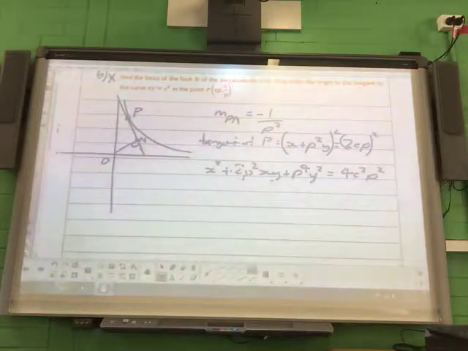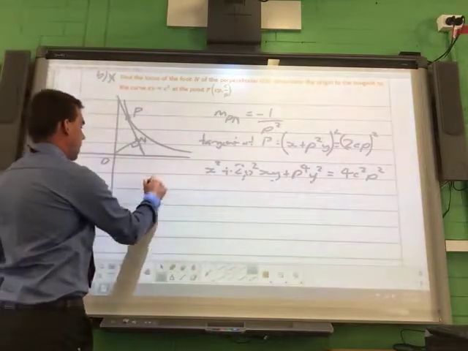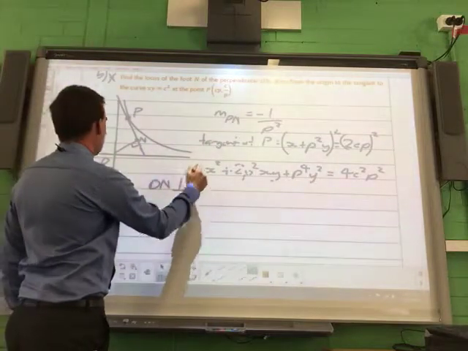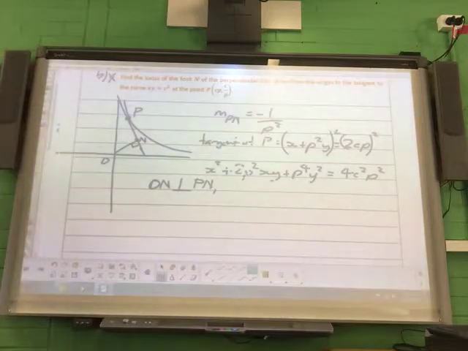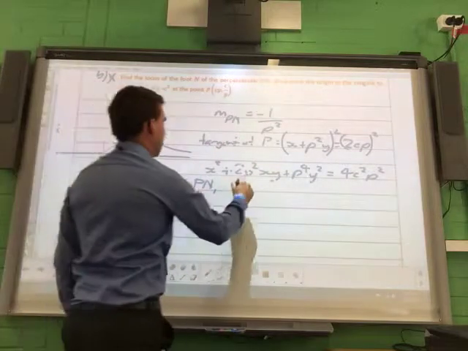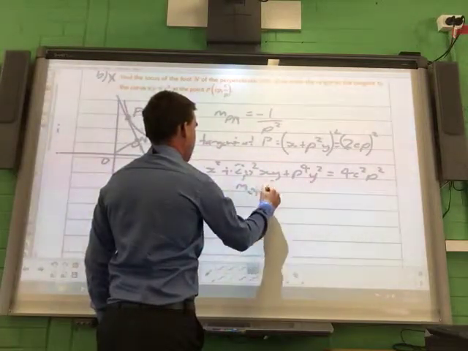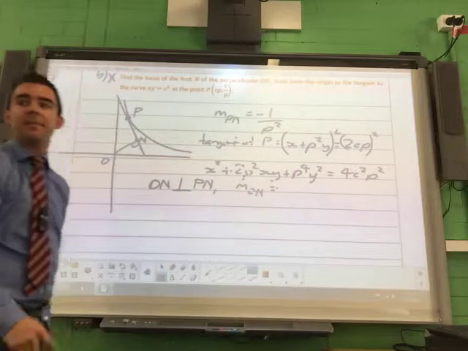And to use that, we know ON is perpendicular to PN. So that means the gradient of ON is what?